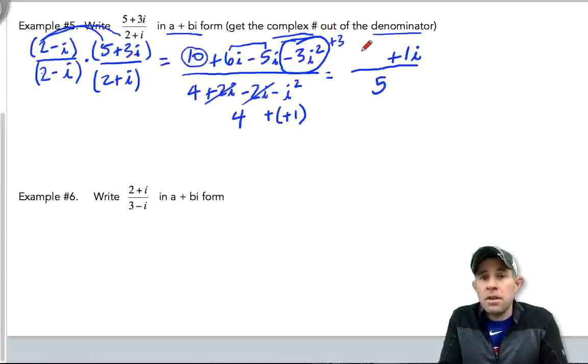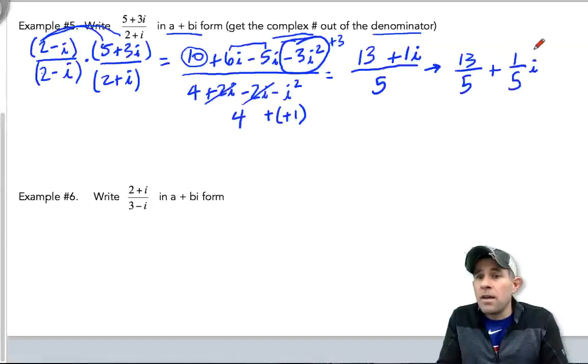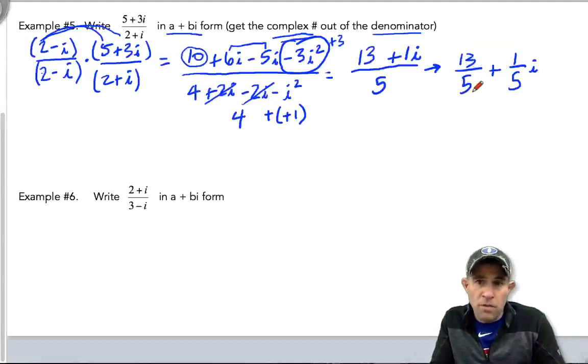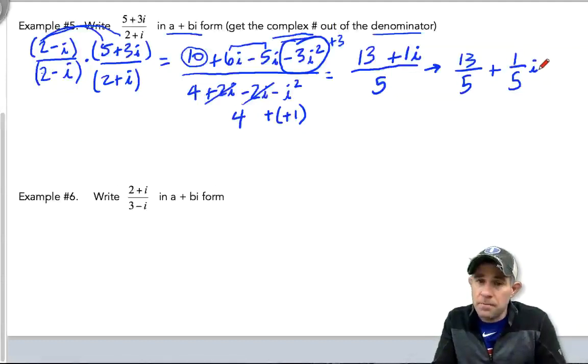So 10 and 3 gives me 13. All right, so here I have 13 plus 1i over 5. And this solution now becomes 13 over 5 plus 1/5 i. And now this is written in complex form where you have a plus bi.